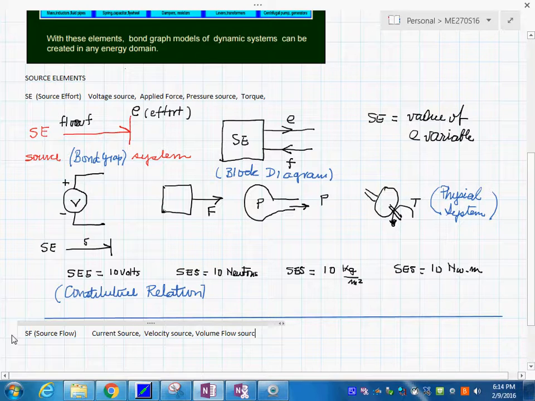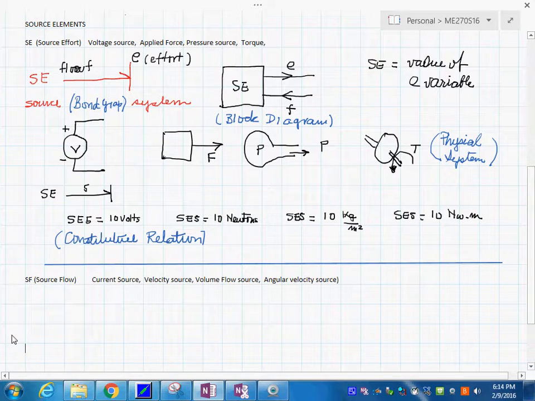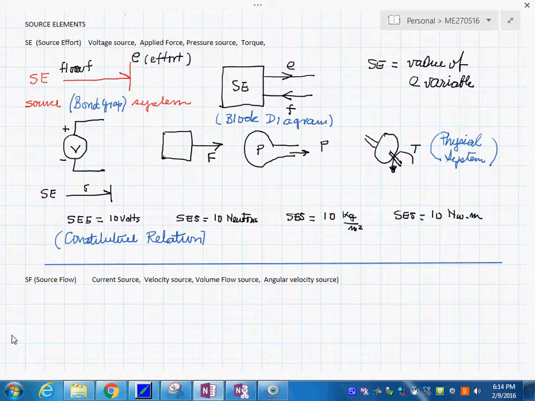If we look at the way we represent the system, here we'll use the same colors so that they would be uniform. In here you're going to say this is the source of flow like this, and the way you represent it in the bond graph notation is like this.